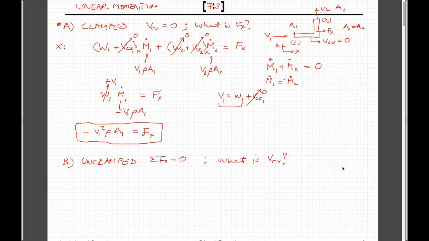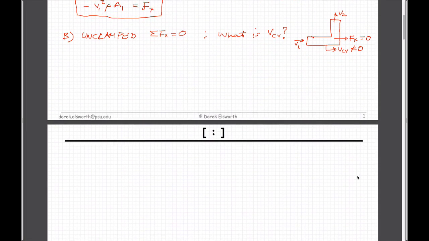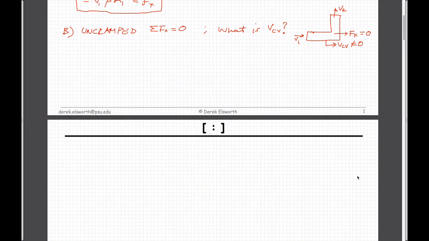Same geometry. I'll draw it again down here just so we have it. V1, V2, Fx equals 0. Velocity of the control volume not equal to 0. So that's the question: what is the velocity of this control volume, if we want to figure it out.